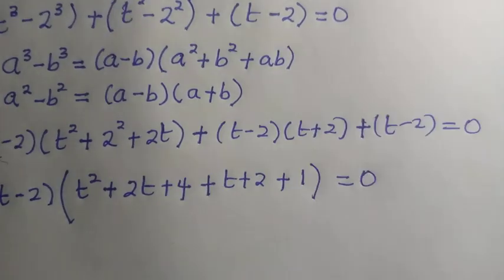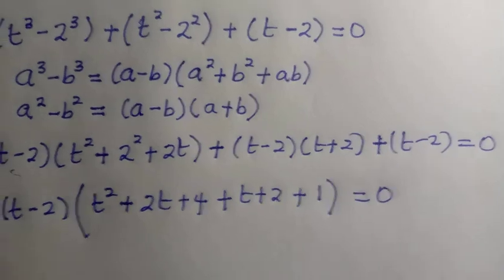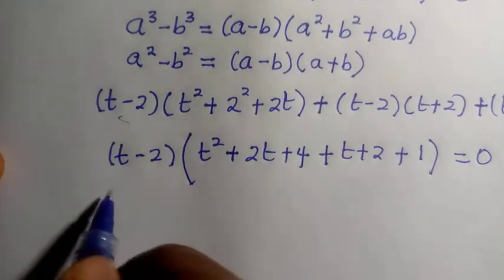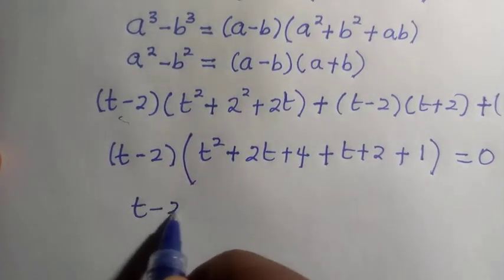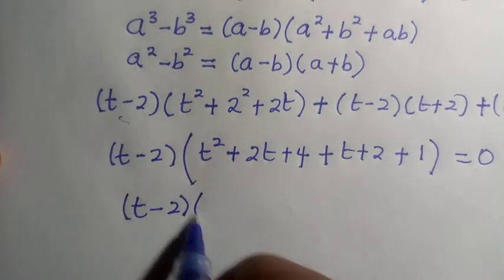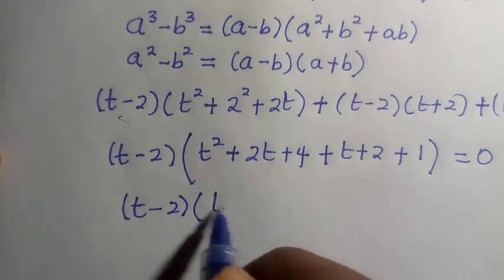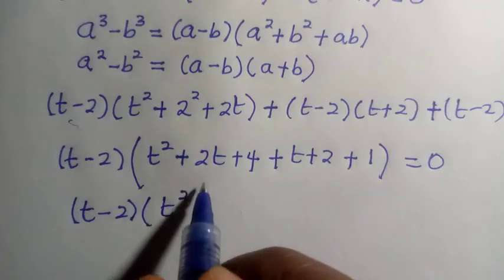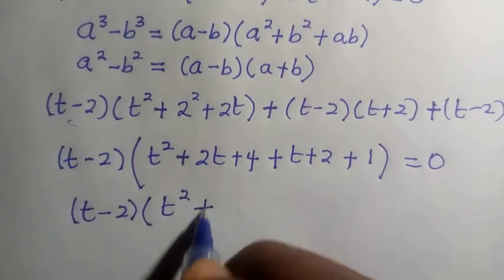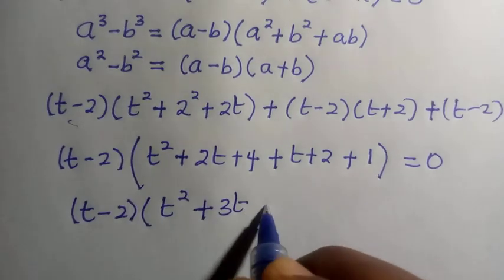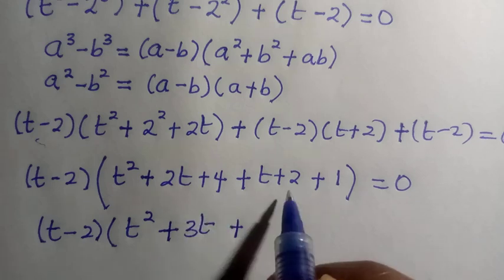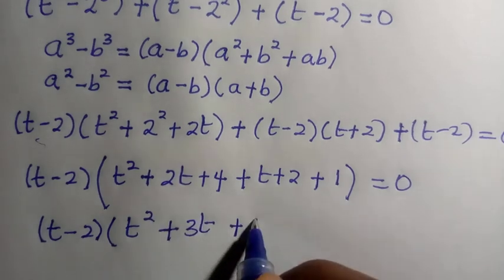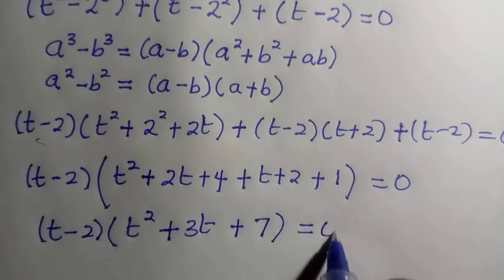Then everything equals 0. So we rewrite this as t minus 2 in bracket, open bracket, t squared, then 2t plus t gives us plus 3t, then plus 2 plus 4 plus 1 gives us 7, then everything equals 0.